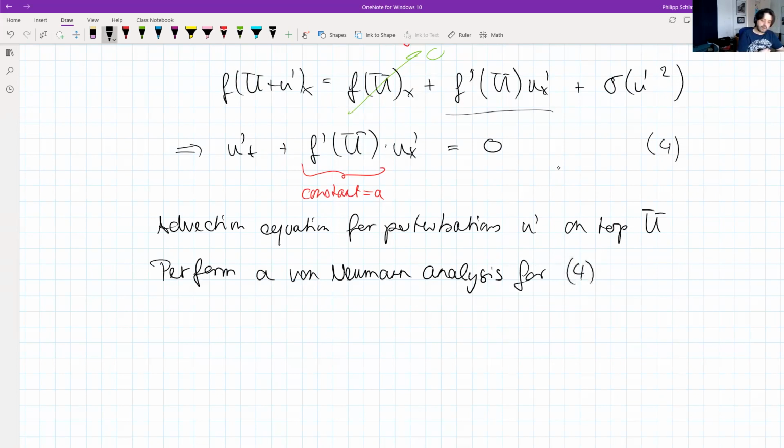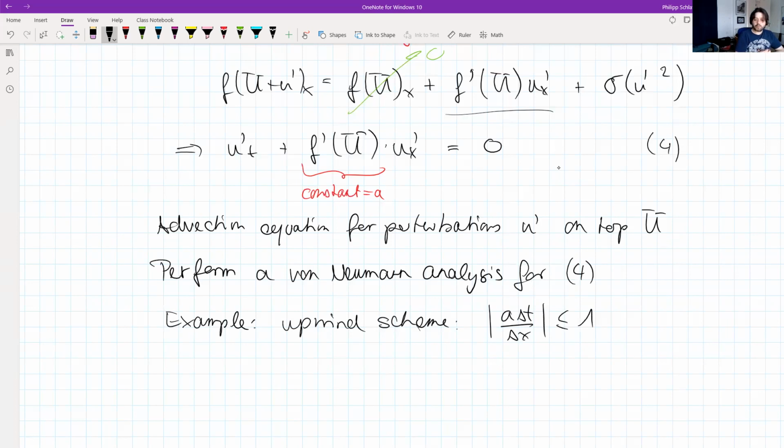If I do that with, for example, an upwind scheme, forward time, backward space, upwind scheme, then I know, of course, for that I have A times delta t divided by delta x is lower or equal 1.